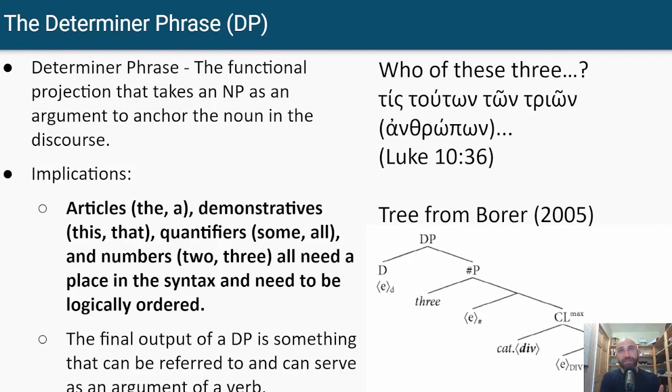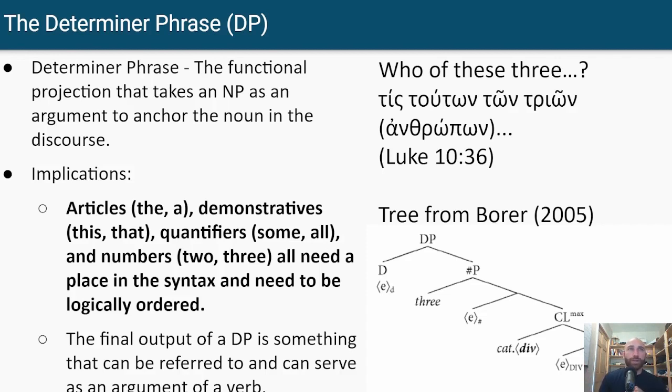A is a kind of determiner, and it takes the word boy as an argument to form a determiner phrase. And that determiner phrase, a boy, acts as a unit in the clause. We're going to define determiner phrase, the functional projection that takes a noun phrase as an argument to anchor the noun in the discourse.